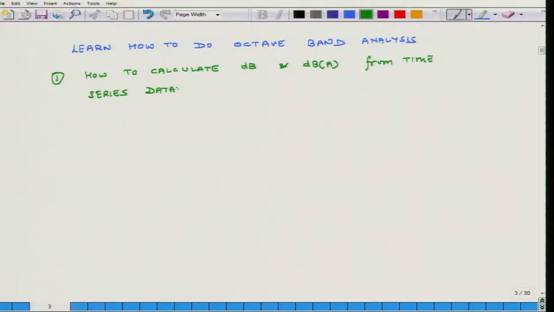I think we know this to a certain extent, but today we will make it more explicit. The second thing we have to understand is what are industry standard octave bands.